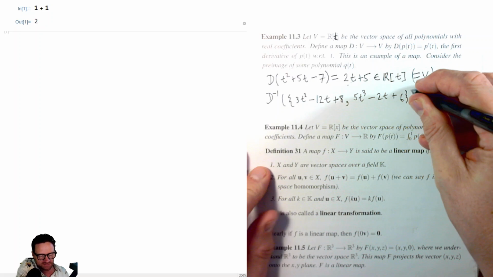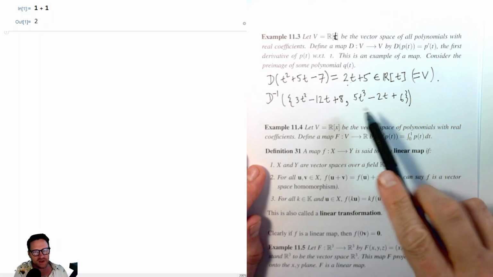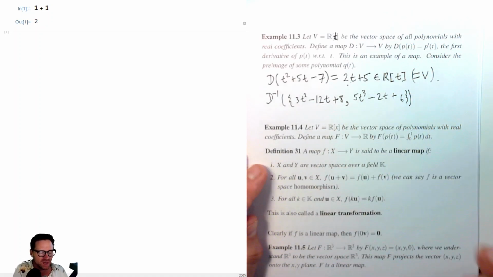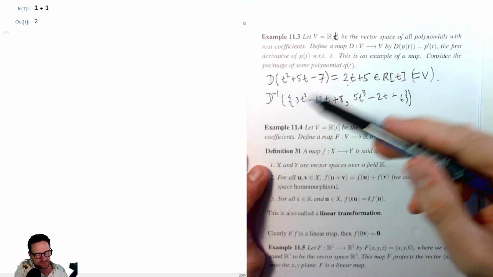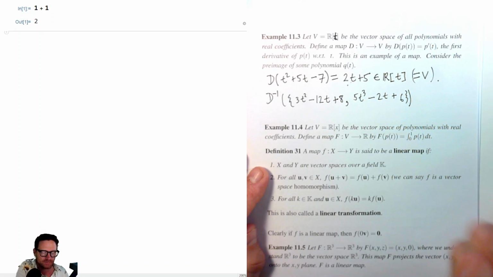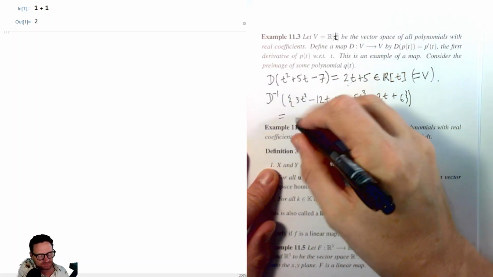So what's the preimage of this? Well, we've got to find out where each of these polynomials came from on the other side of the map. So since the map says differentiate, going the other way is integrating. So we integrate these.